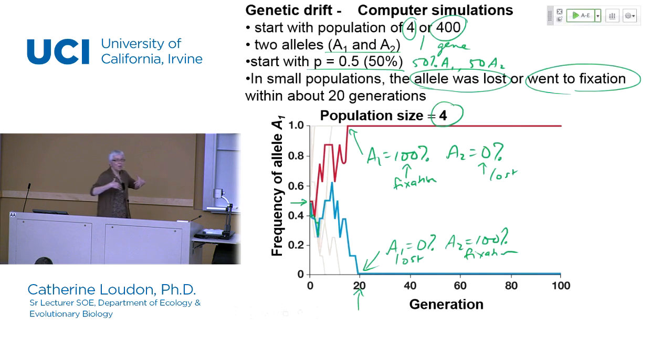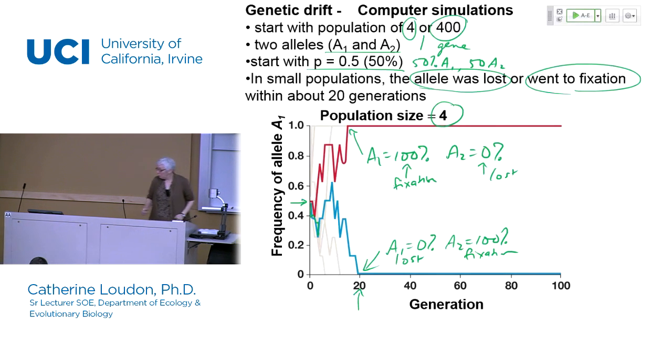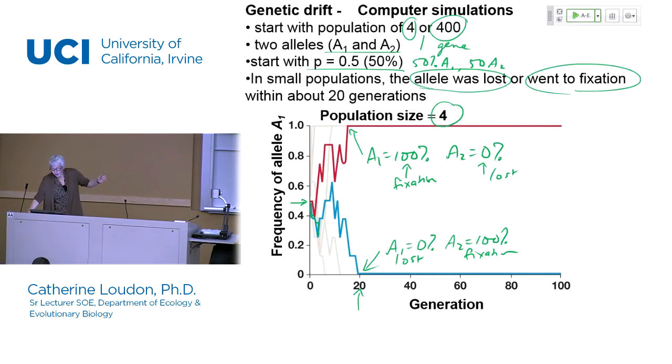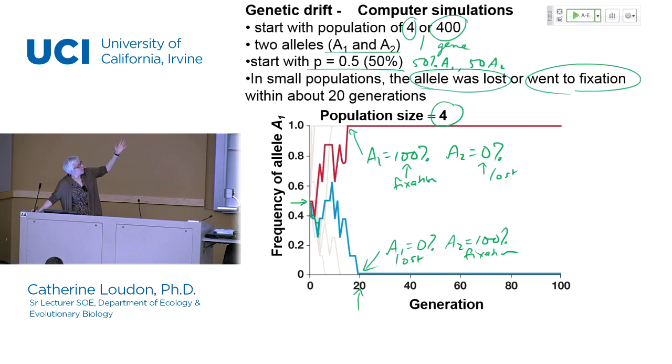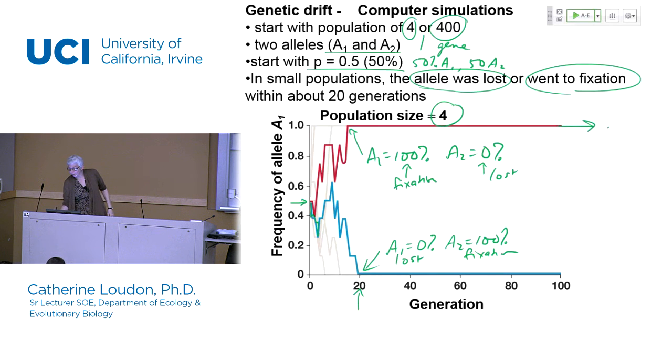And notice that because we don't have any way of replacing A2 or A1 once the other one is lost, once you hit a fixation or complete loss of an allele in a simulation like this, you just stay at this forever, to infinity, right? Because where's the other allele going to come from?